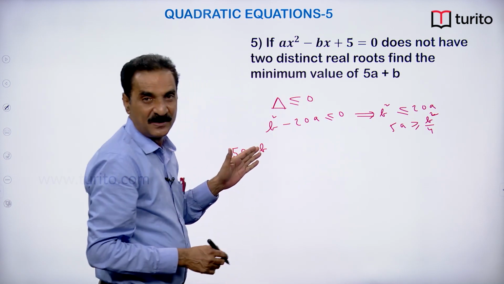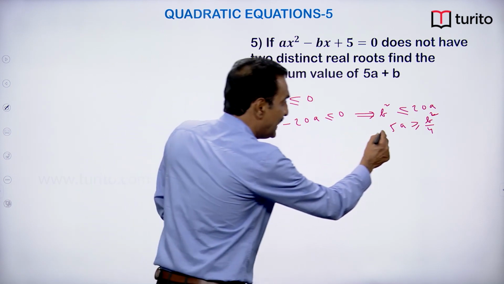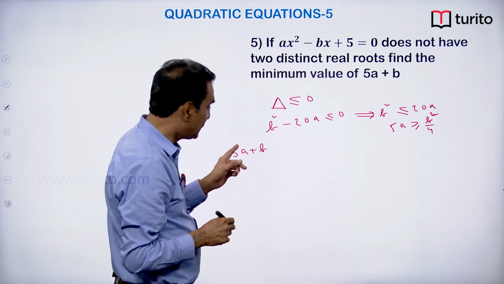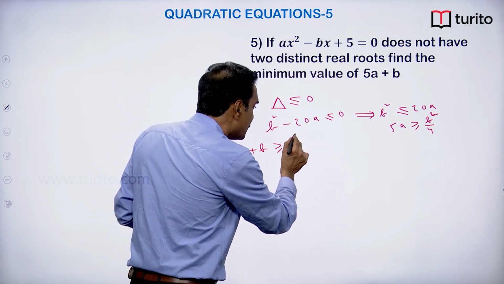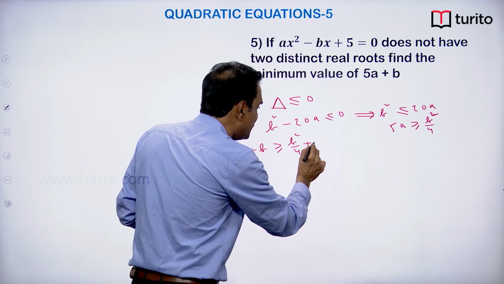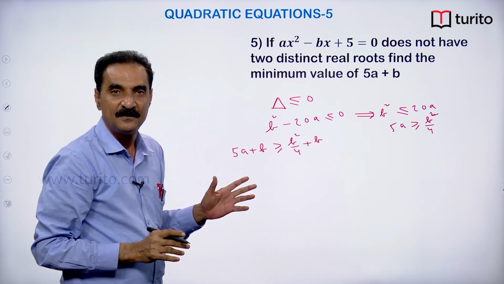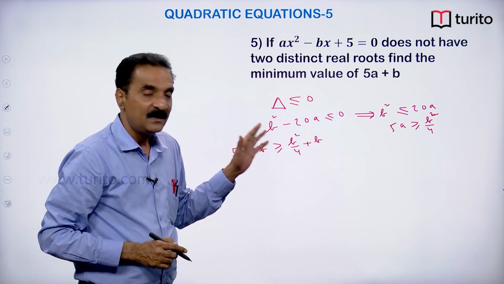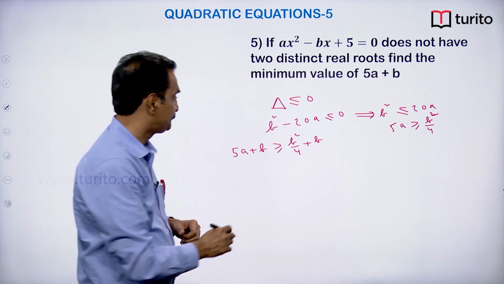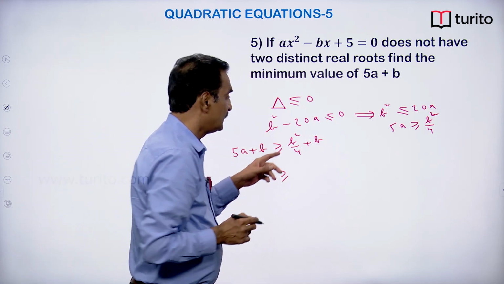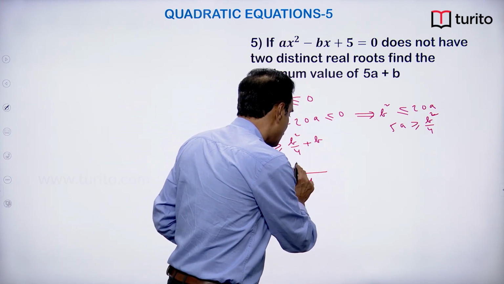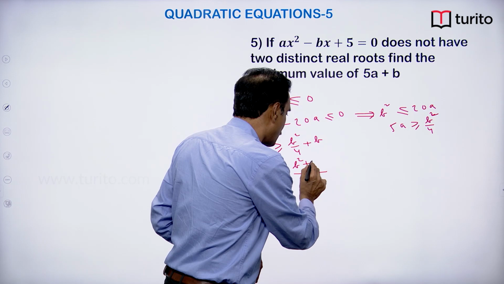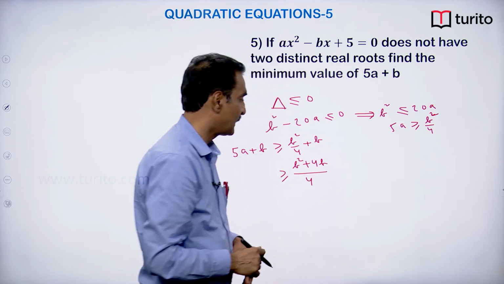So adding b on both sides, you will get 5a plus b is greater than or equal to b square by 4 plus b. Is it not? Now take 4 LCM: b square plus 4b by 4.